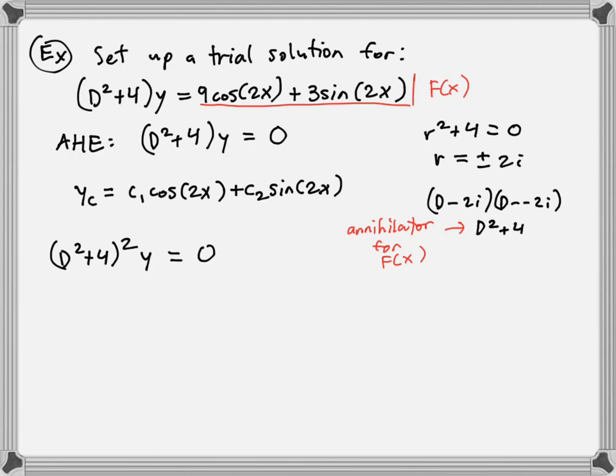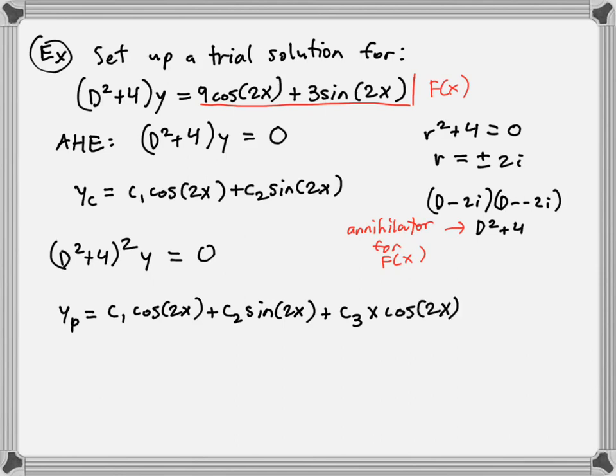Now that it's squared, we know from the last section that we're going to need to keep going up in power. So what would yp equal? I know I'm writing unnecessary stuff right now, but I want to make sure that you all understand what's going on.